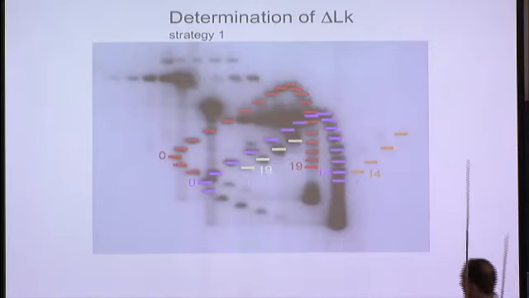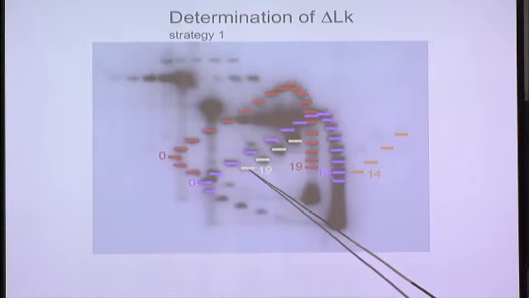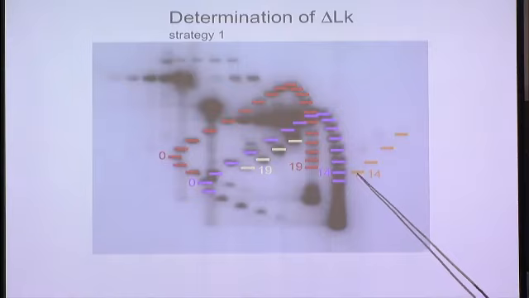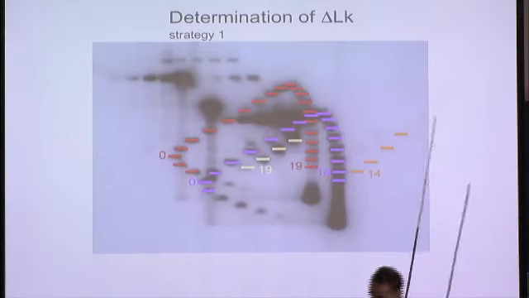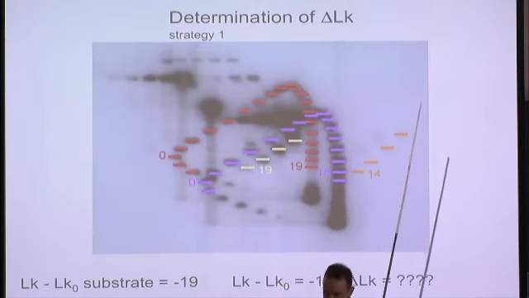And if you feel like checking my counting, I allege that this one is topoisomer minus 19, starting from 0 over there, and that the product you get from that is topoisomer minus 14, again counting from 0 over there. And so here we get to a slight problem.